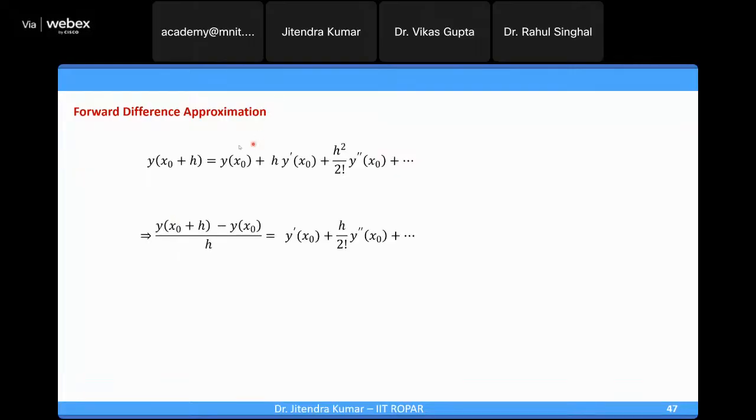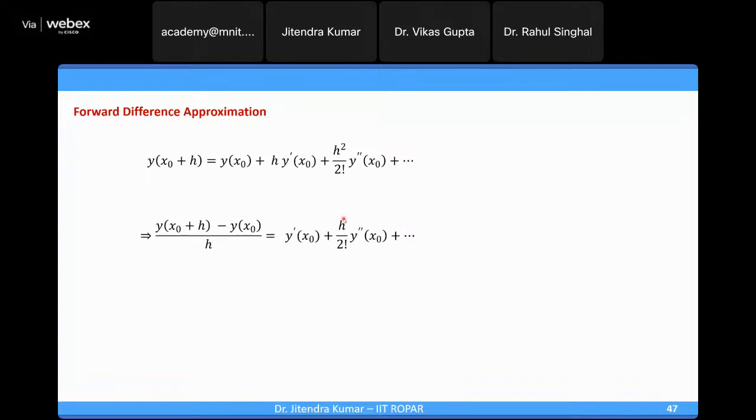And if you take y(x0) to the left hand side, that is y(x0 + h) minus y(x0) divided by h, then the right hand side will be just the first derivative, and then you will have h by 2 times the second derivative of y at x0.